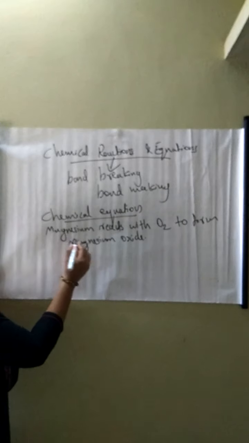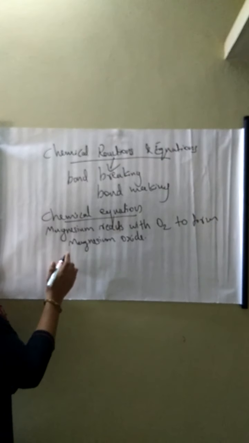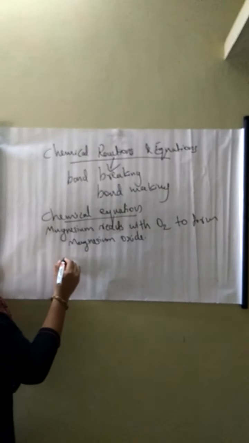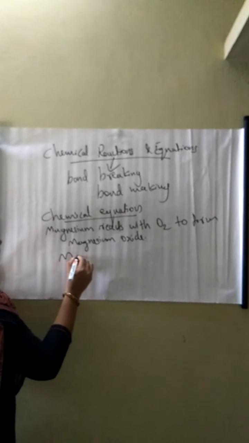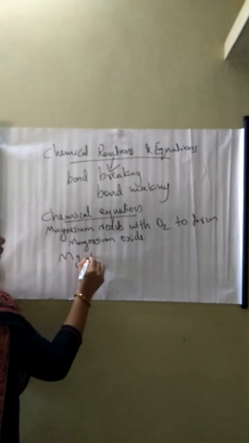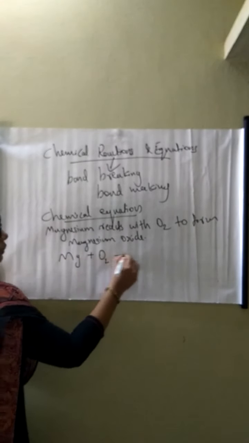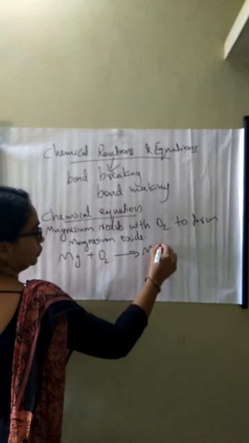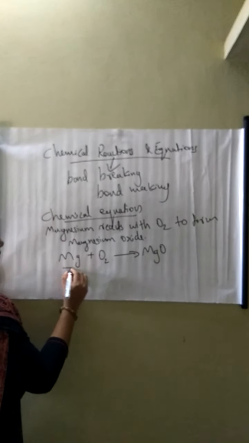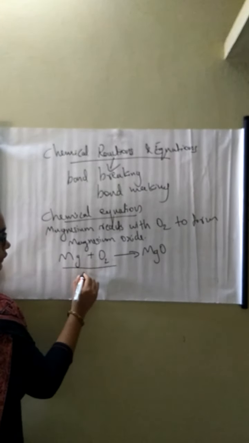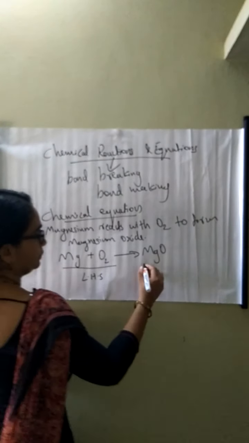We can represent this word equation by using chemical symbols. We know the symbol of magnesium is Mg and oxygen is O2, giving MgO. So we can see a left side and a right side.